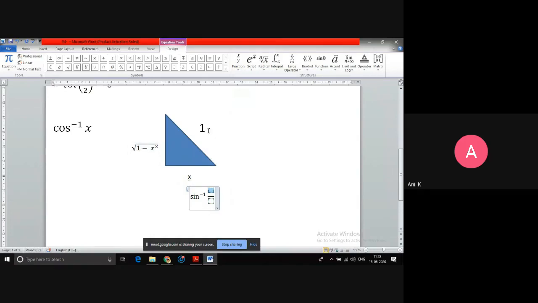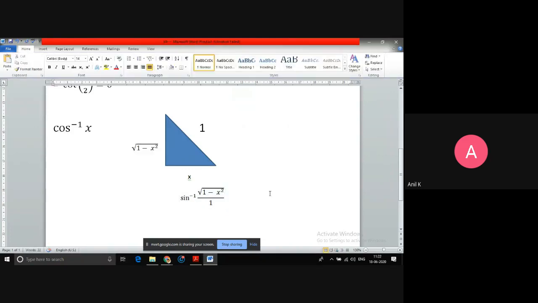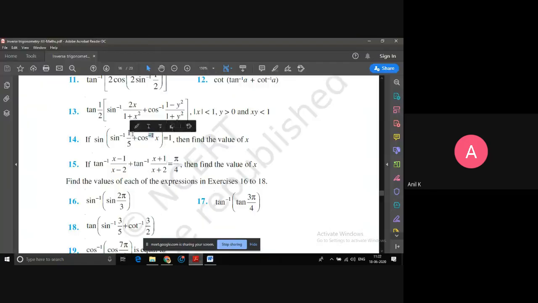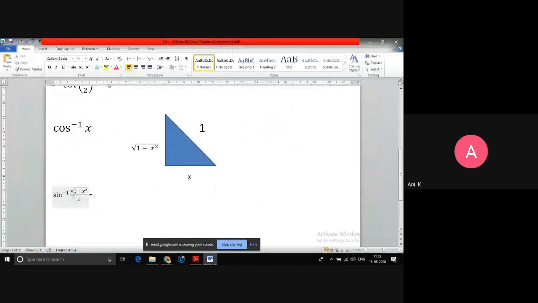Opposite upon hypotenuse. So this is going to be root of 1 minus x square upon 1, which gives sine inverse of root 1 minus x square. So here you have sine inverse 1 by 5, and in place of cos inverse x, you can replace it as sine inverse under root 1 minus x square.